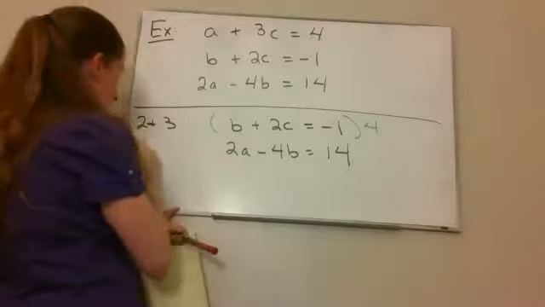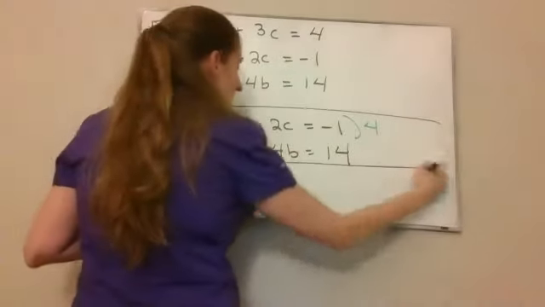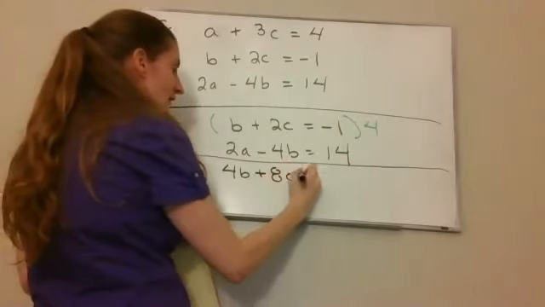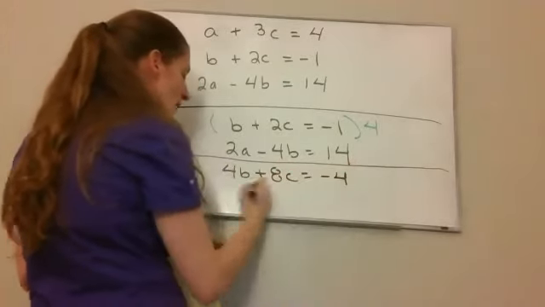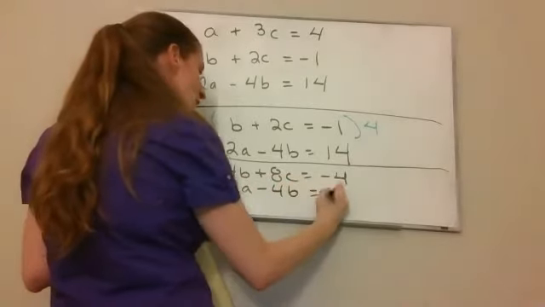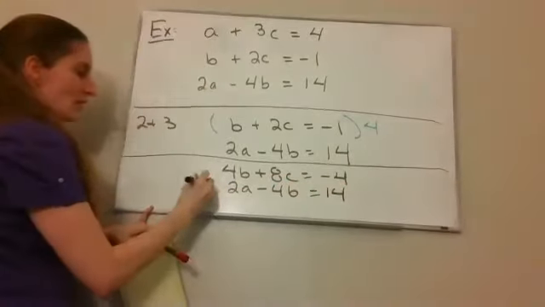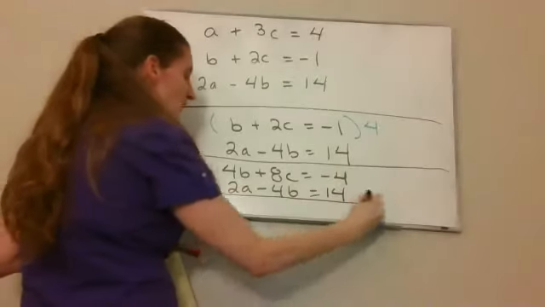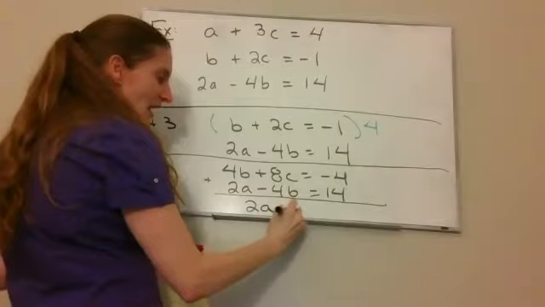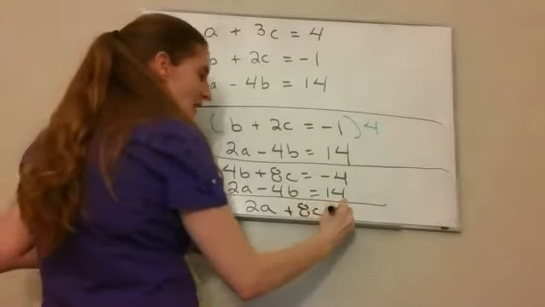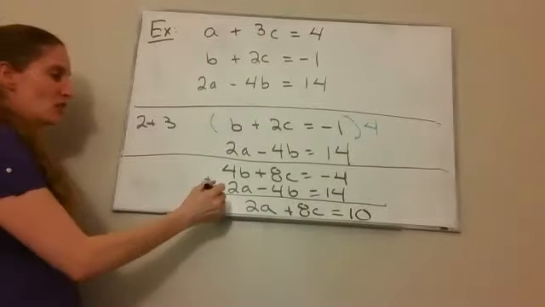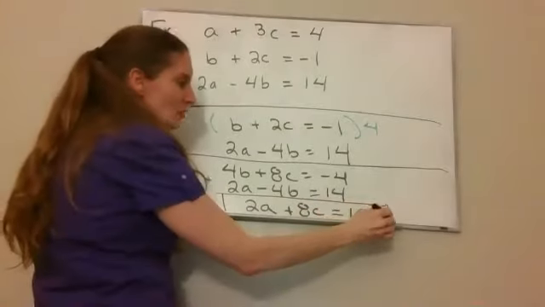So I have 4B plus 8C equals negative 4, 2A minus 4B equals 14, and when I add those 2 equations together, I'm going to have 2A plus 8C equals 10.